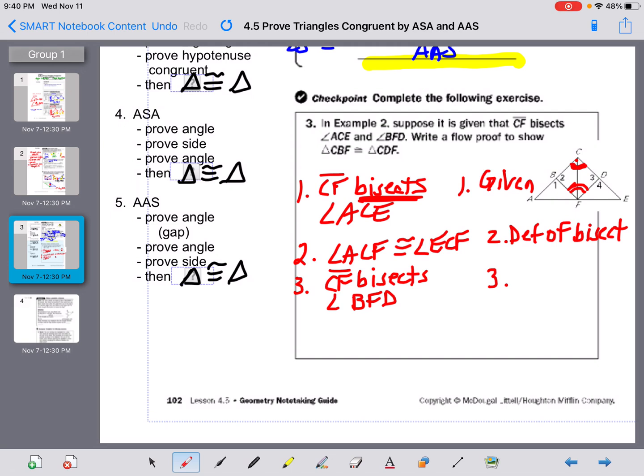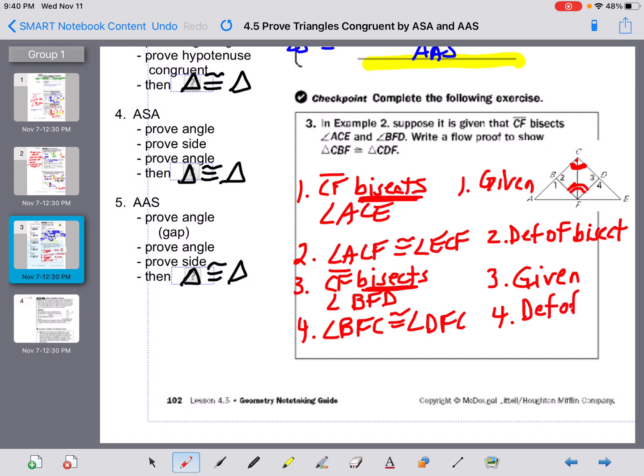So I could call it, oh, by the way, that was given. I can call the one on the left BFC, and it's congruent to the one on the right, DFC. And that will give me, because again of bisect, definition of bisect.